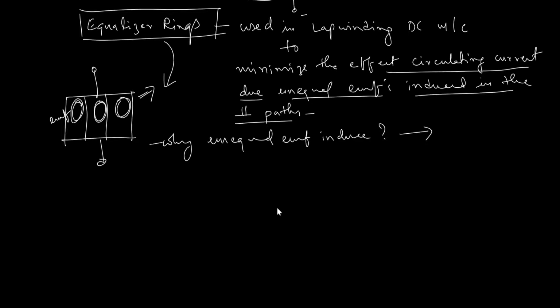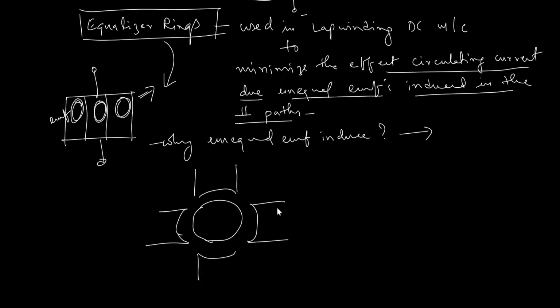For example, if I quickly draw a four pole machine like this. Suppose this is north, south, and this is the core.